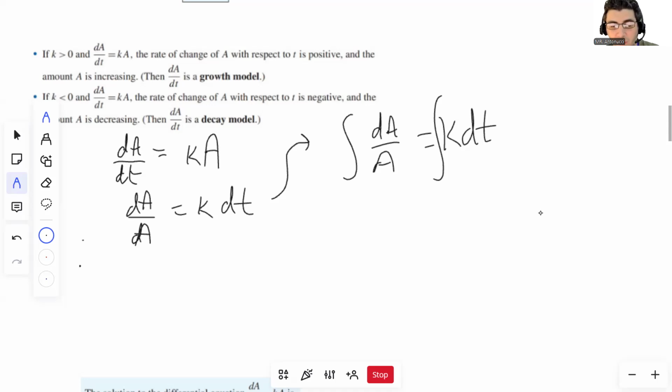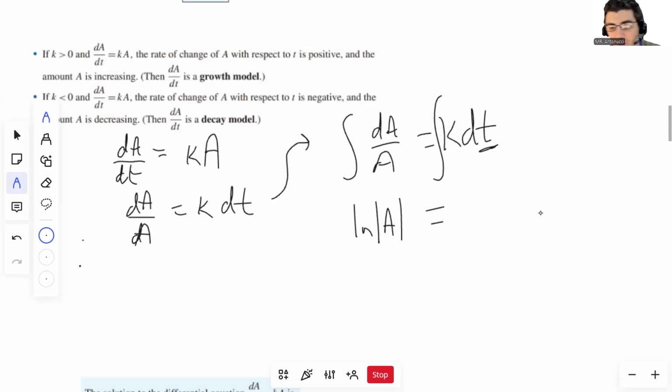All right, so this is basically the antiderivative of the natural log. So natural log absolute value of A equals the antiderivative of k with respect to t.